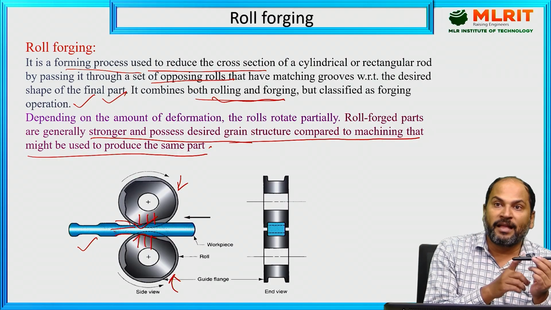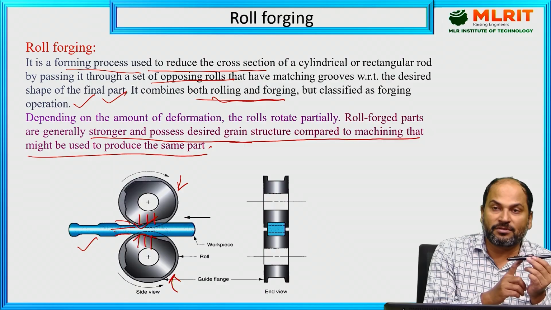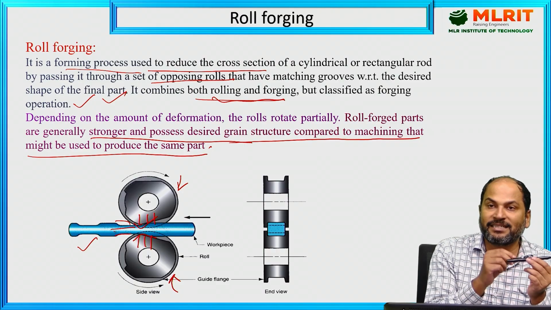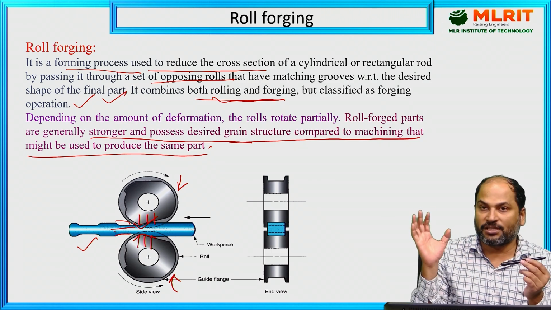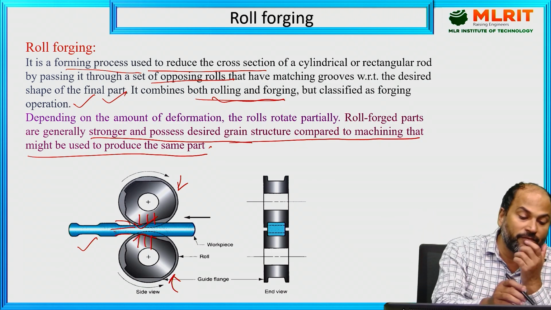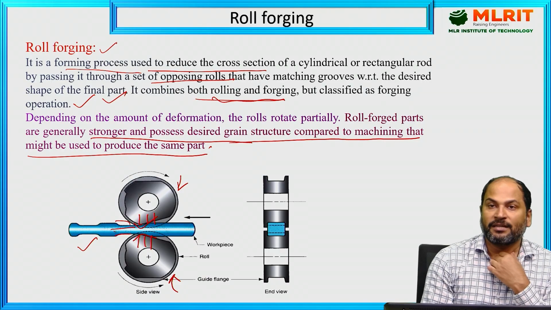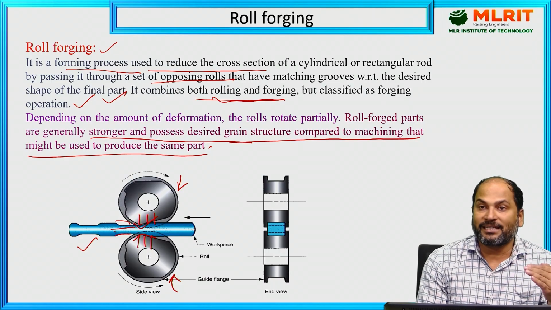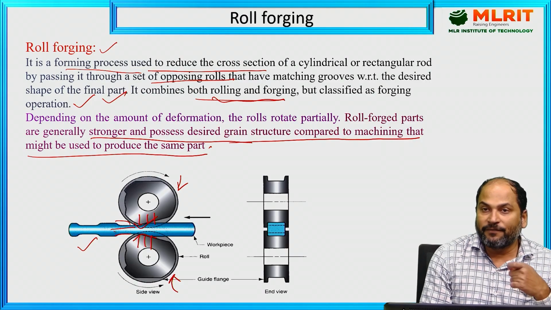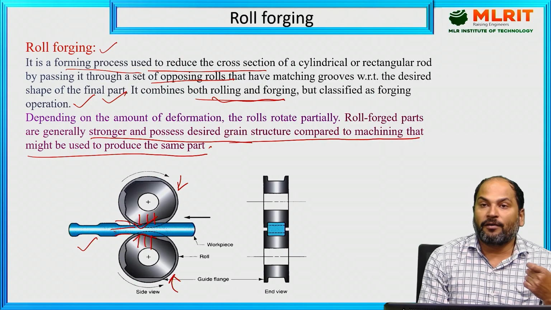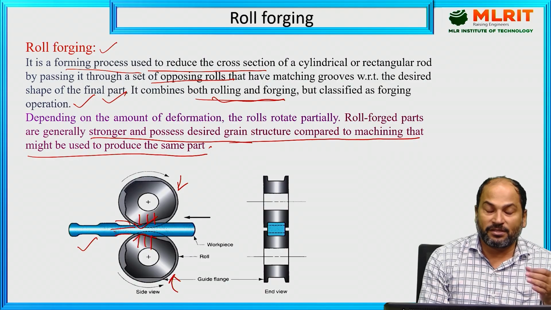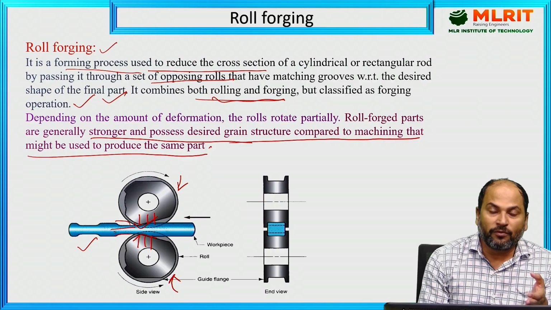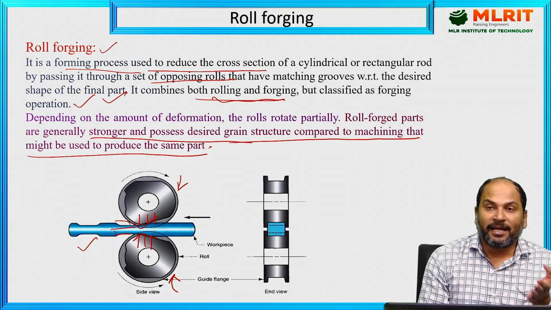The problem is its property is going to be reduced. Whatever property is already there, definitely it will be reduced because of the heat generation during machining. But this is not the case with roll forging. Forget about reduction of the property, its mechanical property will actually increase, because whatever defects are there from the primary manufacturing process through which this part was manufactured at the start, roll forging will act as a secondary manufacturing process.